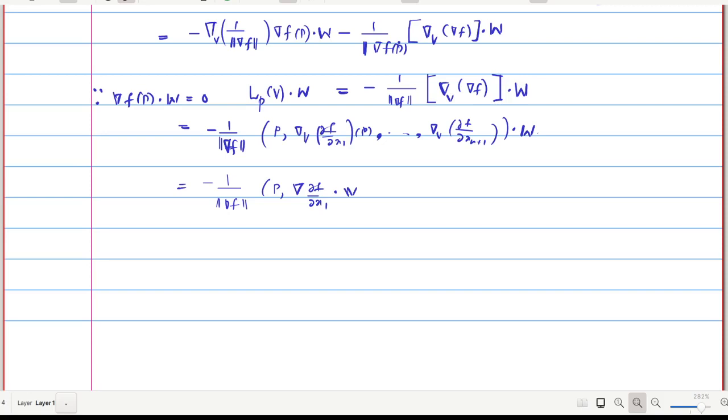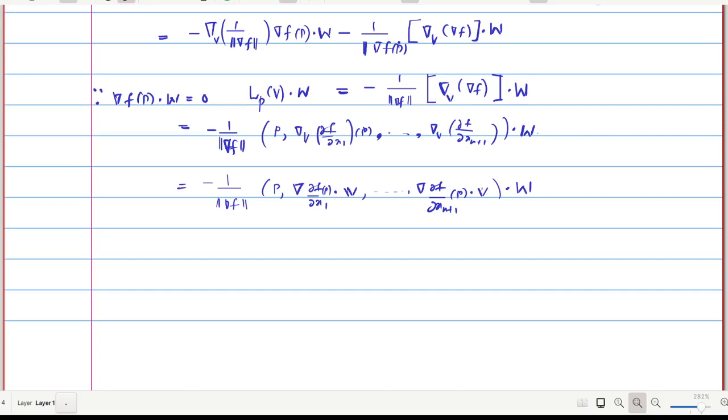Okay, this, of course, is at p and the final component will be del of dou f by dou xn plus 1 at p dot again v, and we have w.